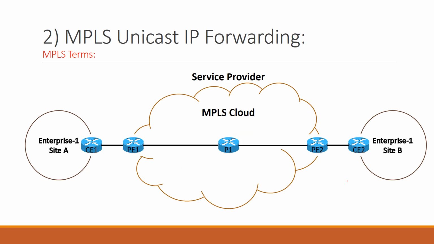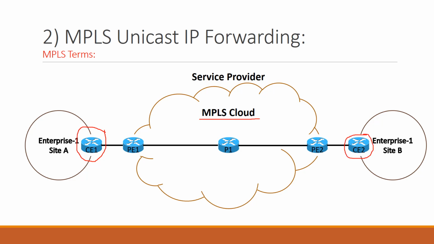So in this slide, it shows the two types of routers that are used inside the MPLS cloud, and one type of router used at the customer side. So we have here at the enterprise side or the customer side, customer edge, and here also we have customer edge.